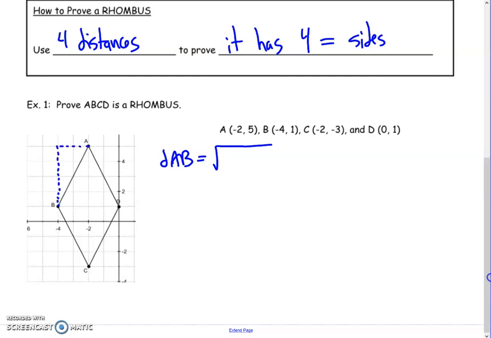Using our distance formula, delta x is 2, delta y is 4. So I get 2 squared plus 4 squared. 2 squared is 4, 4 squared is 16. Add those up, you get square root 20. All right, pick another side, AD, let's say.